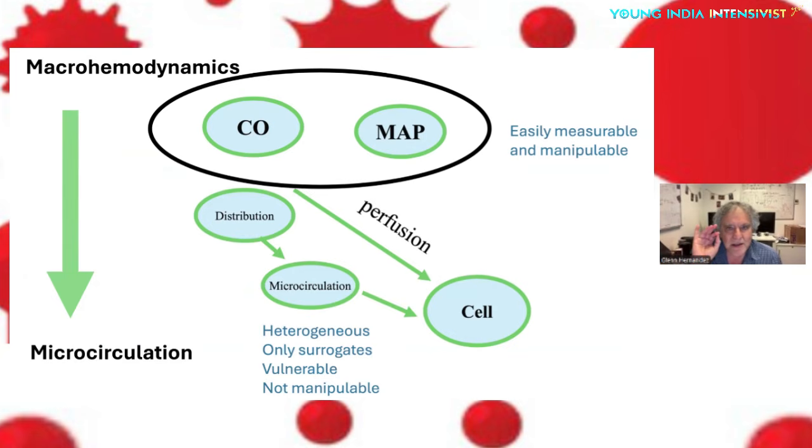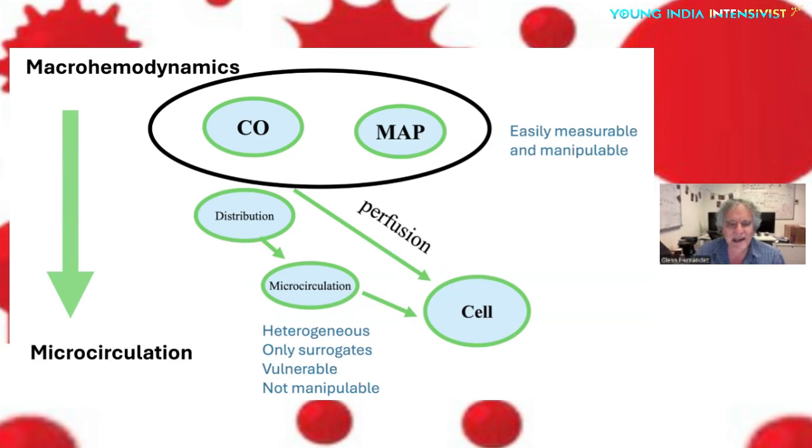The art of resuscitation is to couple macro-hemodynamics to microcirculation. This is the key. For that, you assess and you manipulate cardiac output and its determinants and mean arterial pressure. Cardiac output is the main determinant, of course, of oxygen transport, and mean arterial pressure is the perfusion pressure.